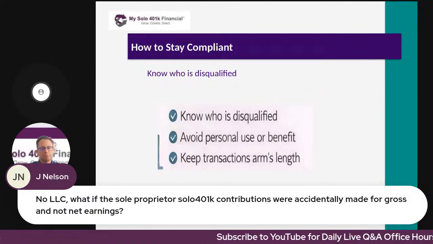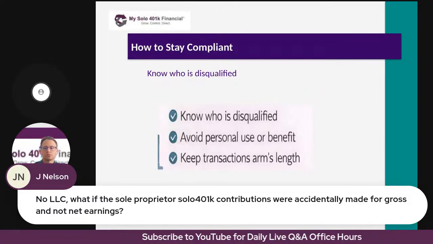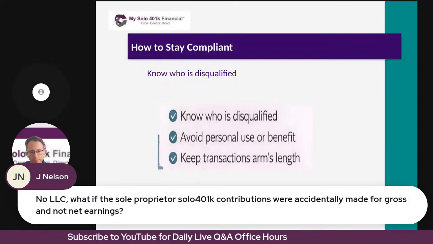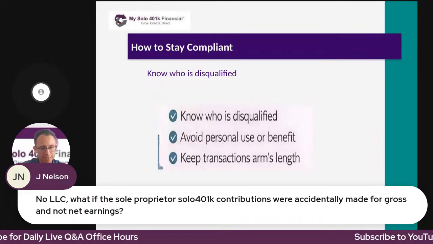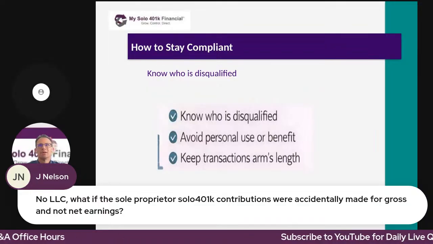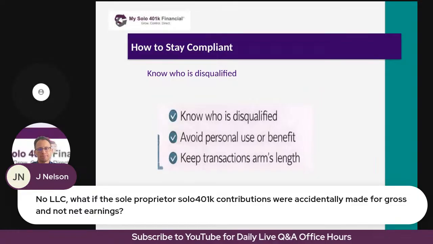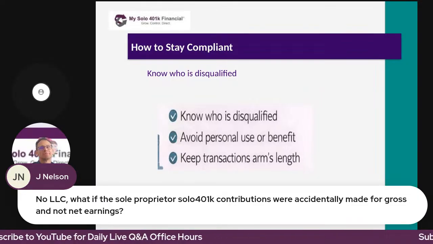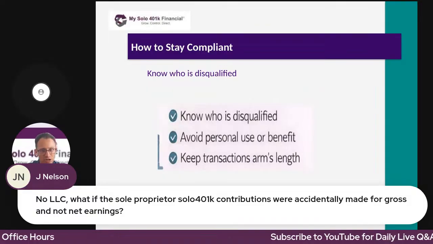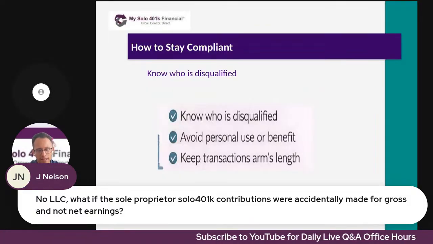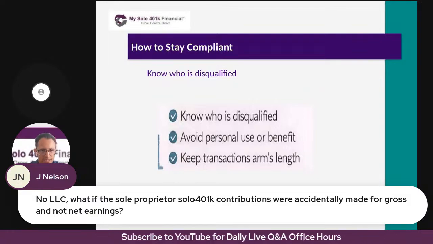The excess contribution rules are two-pronged. You first need to identify whether it was an excess employer contribution or an excess employee contribution. If it was an excess employer contribution, then those funds typically have to stay inside the solo 401k plan, and you're going to have to count them as contributions in future years.